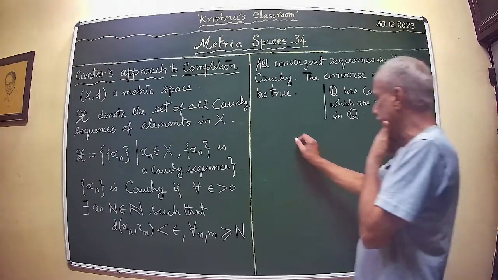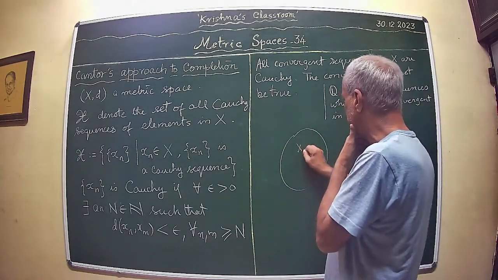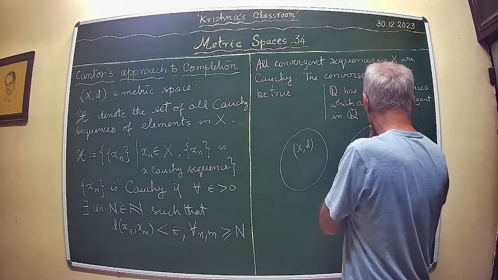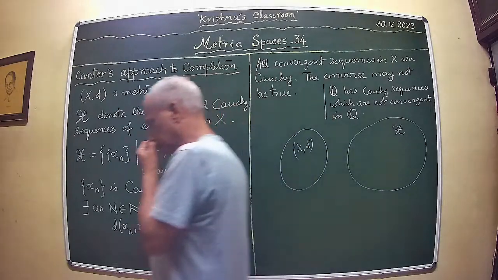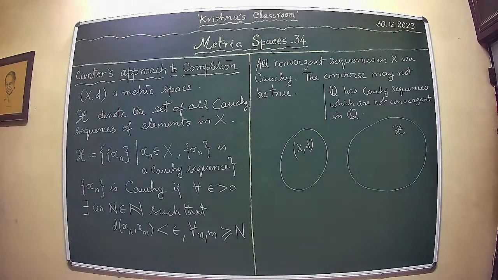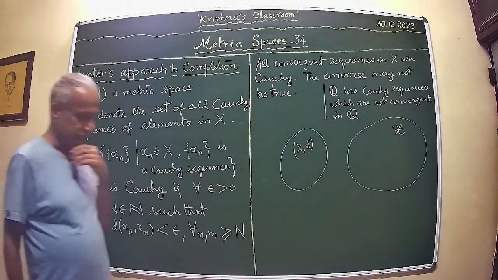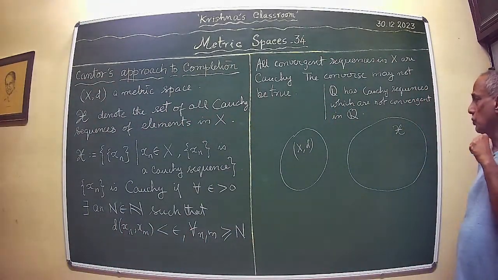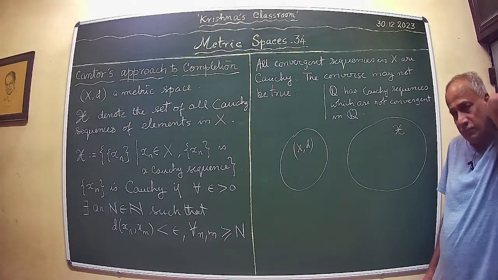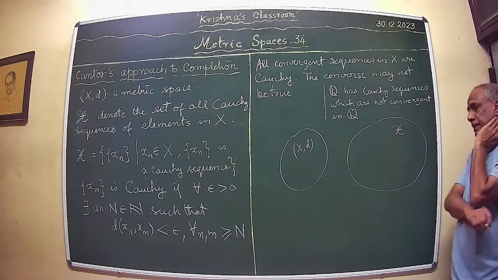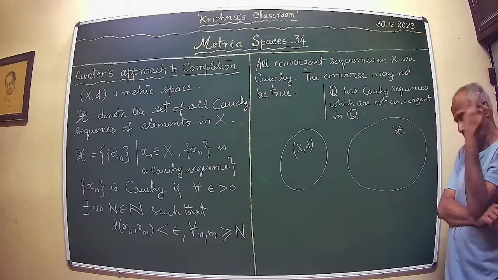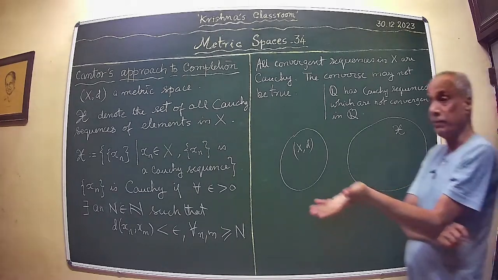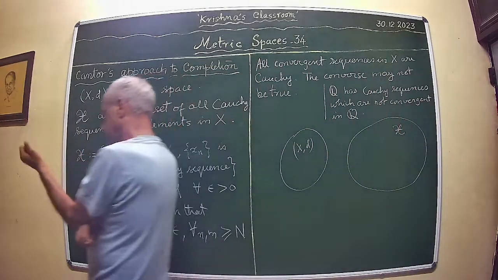So corresponding to X, suppose this is (X, d), we have now constructed a new class script X, which consists of all Cauchy sequences. Now, as we have explored Q and the Cauchy sequences of rational numbers, we have seen that two different Cauchy sequences may converge to the same element. That's possible.